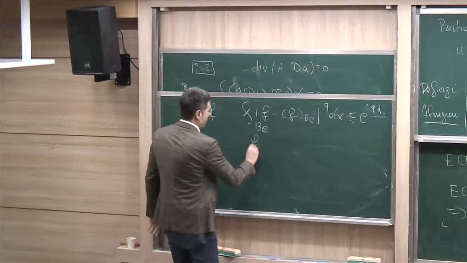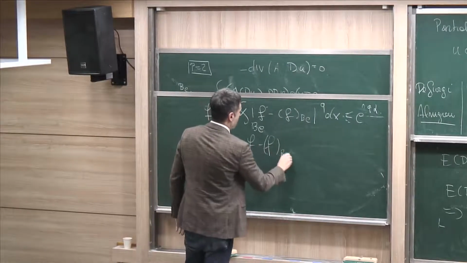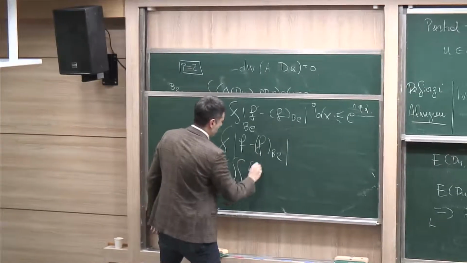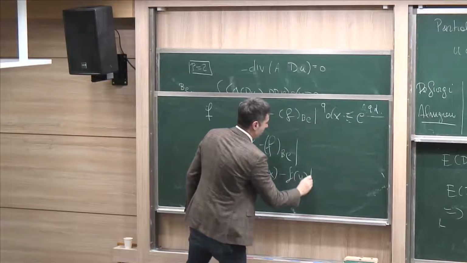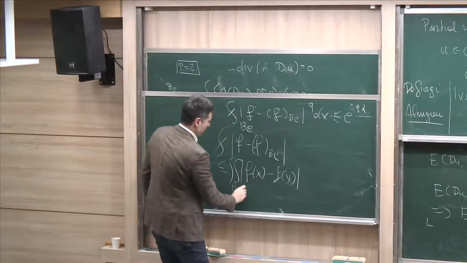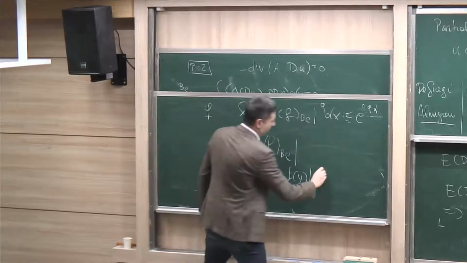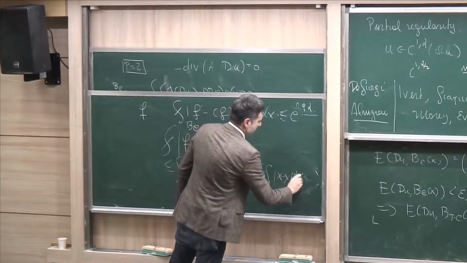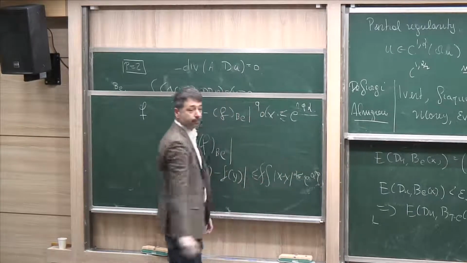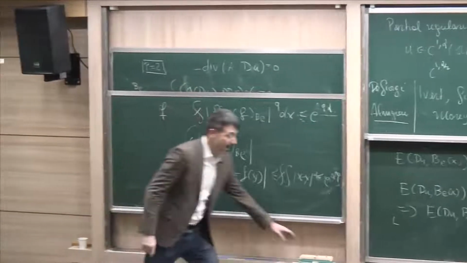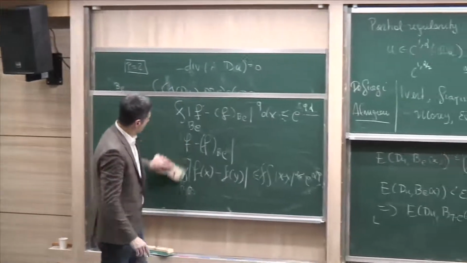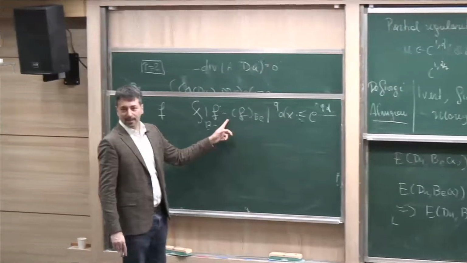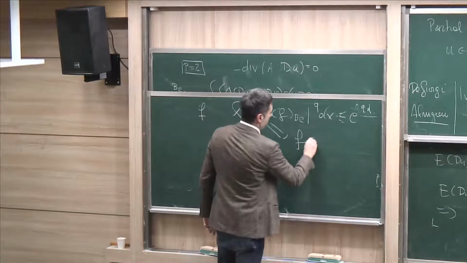Because if you take f minus the average of a Hölder continuous function, then by Jensen's inequality, this is less than or equal to the average of f(x) minus f(y), and then this is less than or equal to |x minus y| to the alpha, which is less than or equal to rho to the alpha. So a Hölder continuous function obviously satisfies this, but Campanato's characterization tells you the following, that if this happens, then this implies that f belongs to C^{0,alpha}.